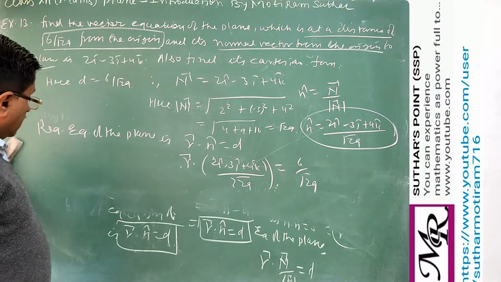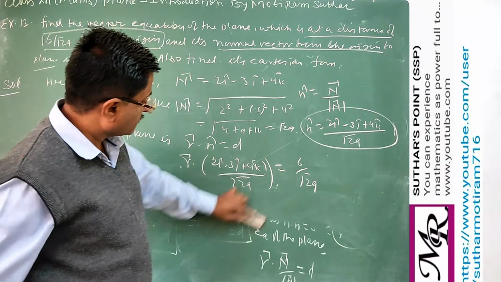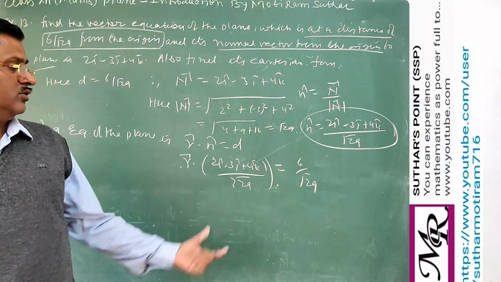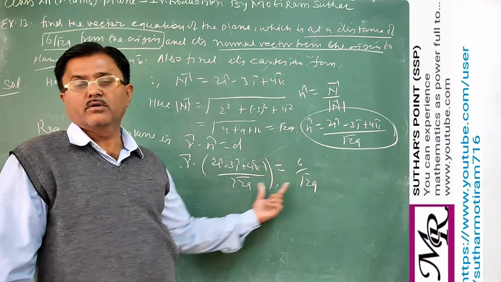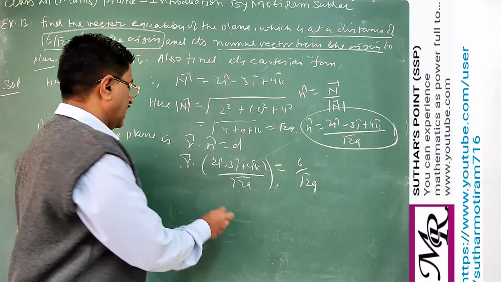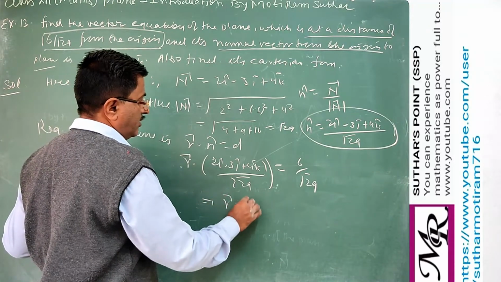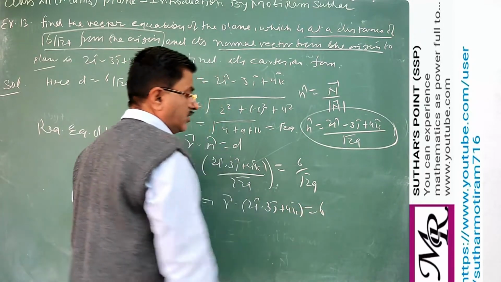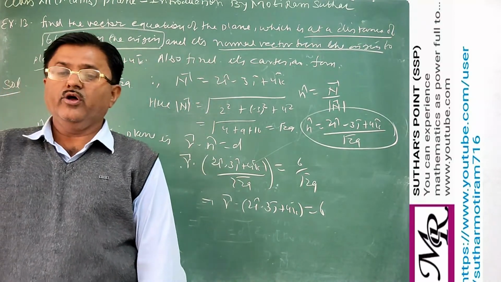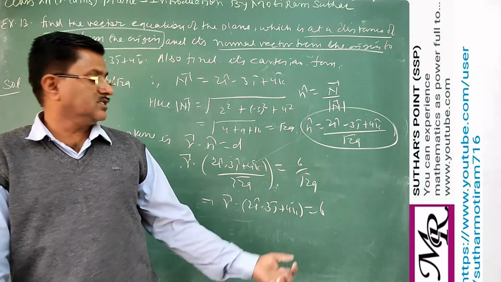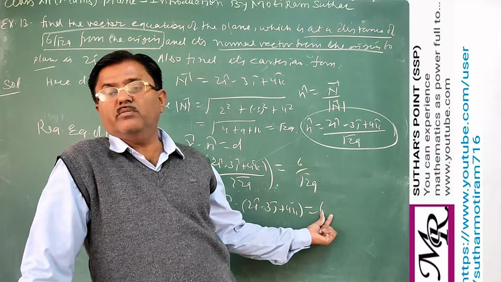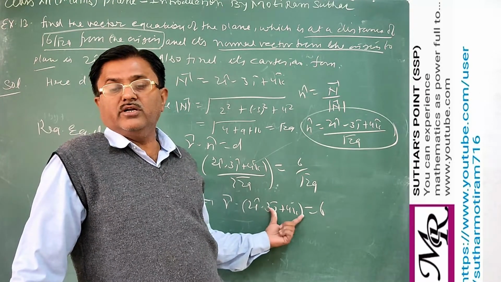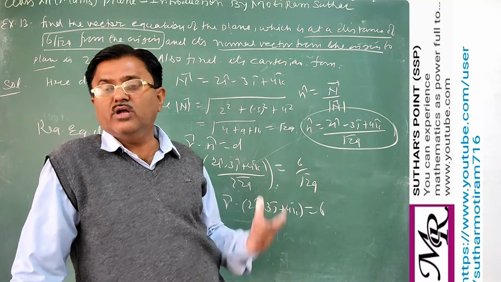Clear? Now suppose you remove the root 29 on both sides, that is not the standard form. Someone may write it like this: vector r dot 2i minus 3j plus 4k equals 6. This is also an equation of the plane in normal form. But here you can say this 6 is not the distance from the origin and this is not a unit vector, but it is a normal, perpendicular vector.